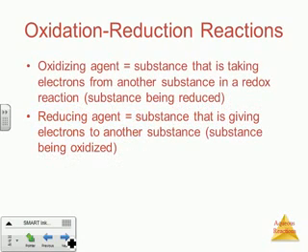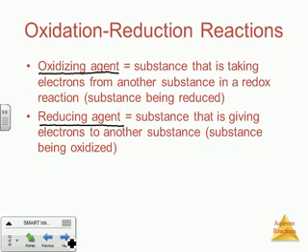So then a couple other terms here, oxidizing agent and reducing agent. The oxidizing agent is the one that is taking electrons from something else. It's causing something to be oxidized. Remember oxidation, Leo, lose electrons, oxidation. So if something is losing electrons, there must be something else that's taking them.